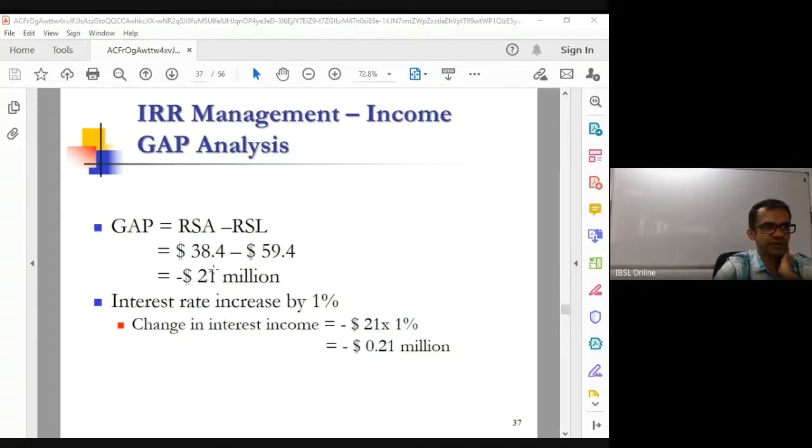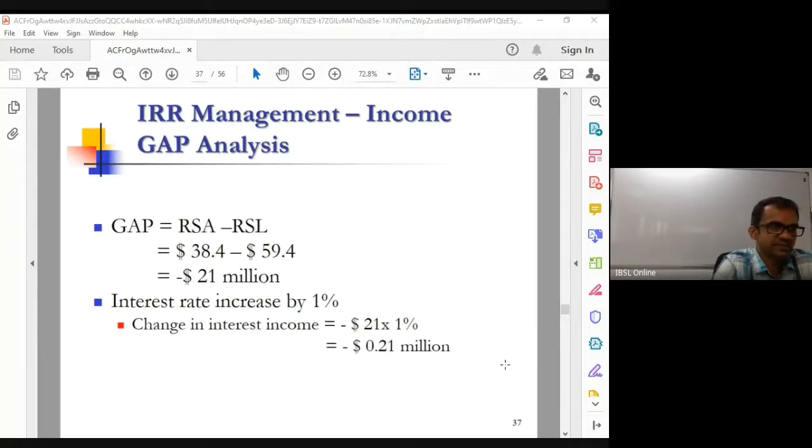When we have a negative gap, our interest expense will increase if interest rate increases by 1%. So 0.21 million extra interest expense has to be incurred by the bank. So the change in net interest income is negative 0.21 million. Our net interest income will decrease by 0.21 million if the interest rate increases by 1%.